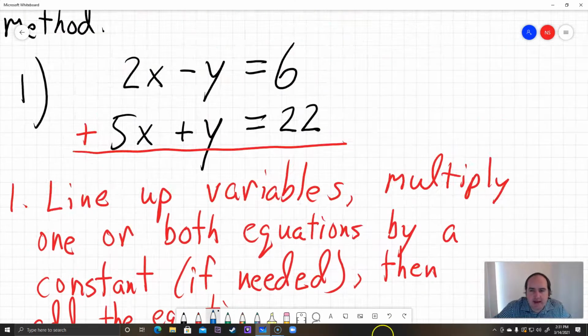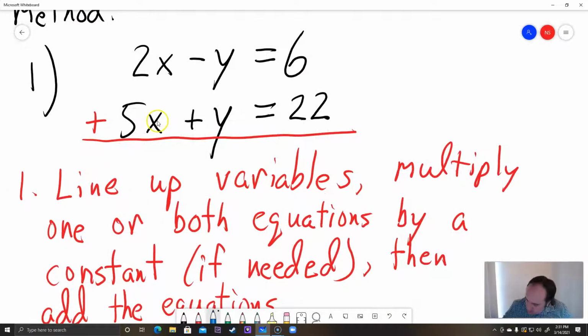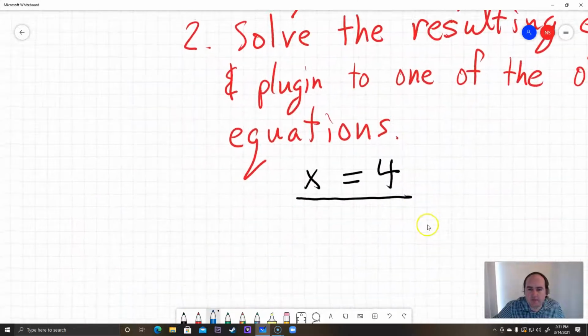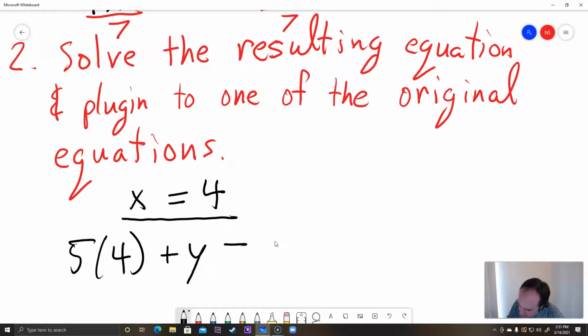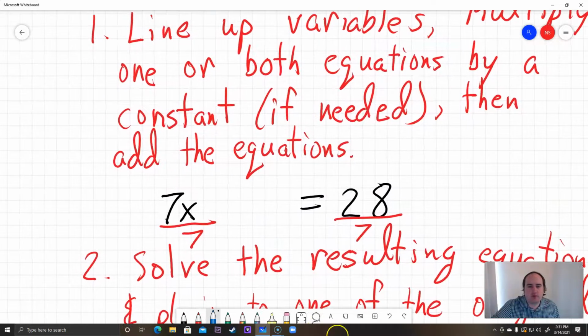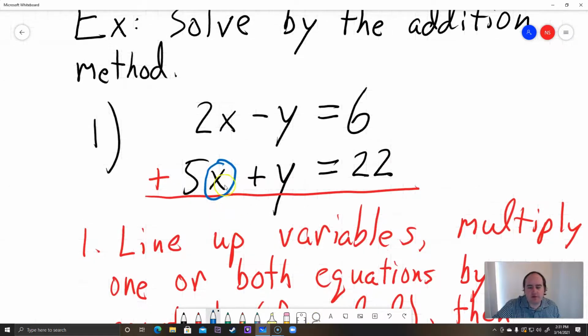Okay, so we're plugging in x equals 4 into the second equation. We get 5 times 4 plus y equals 22. All I'm doing in that step is plugging x equals 4 into the bottom equation.